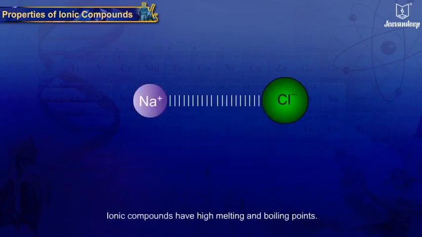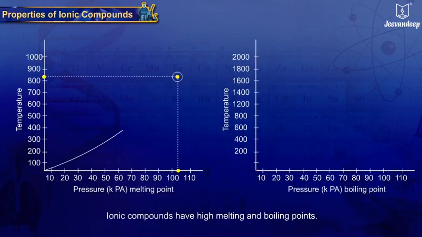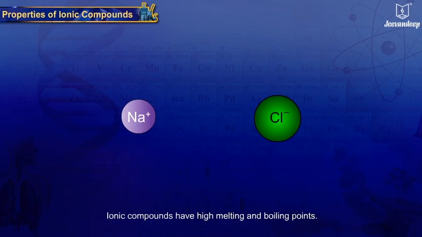Due to strong ionic force of attraction, electrovalent compounds have high melting and boiling points. That is, more energy is required to separate the molecules while converting them into liquid and gaseous state.